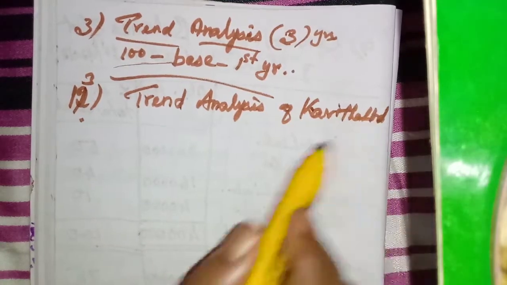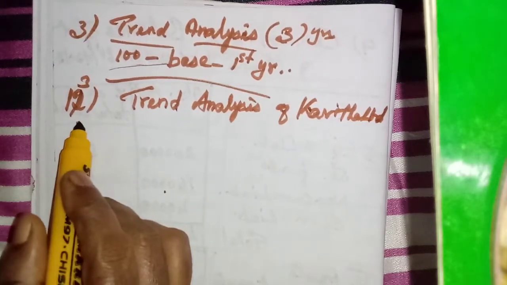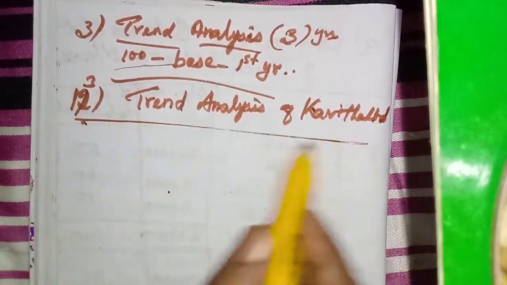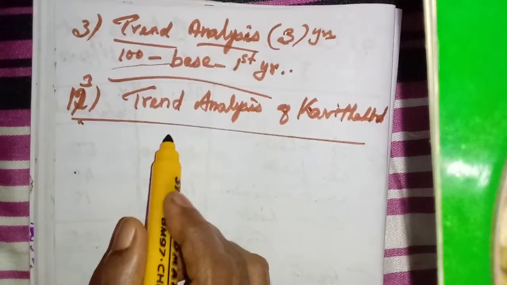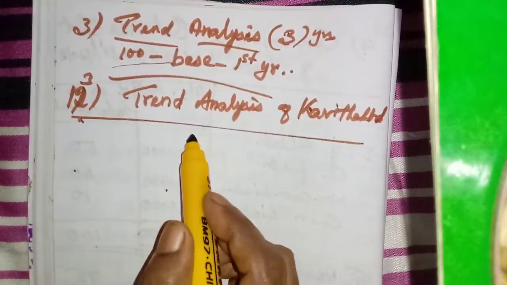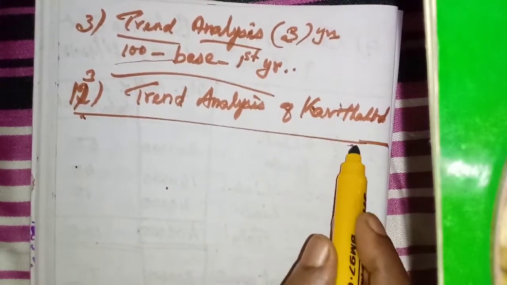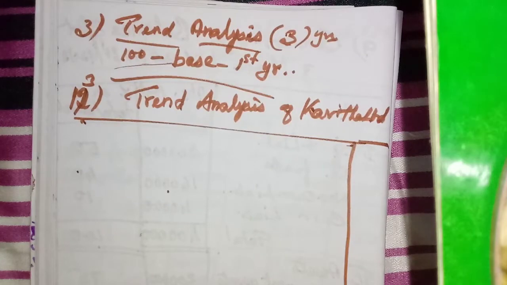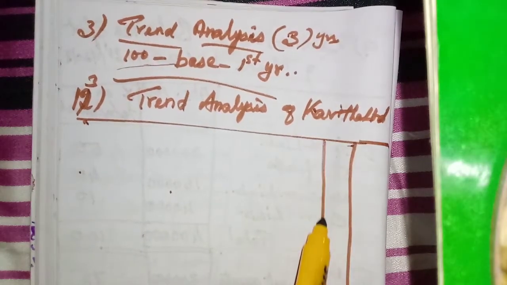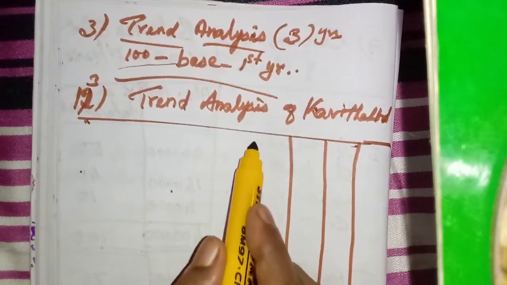Then what are the columns we need to draw? Here we need more columns. Trend percentage. First here 3 amount columns, isn't it? Then 3 more we need to draw: 1, 2, 3.